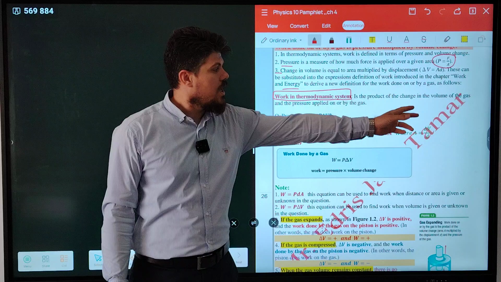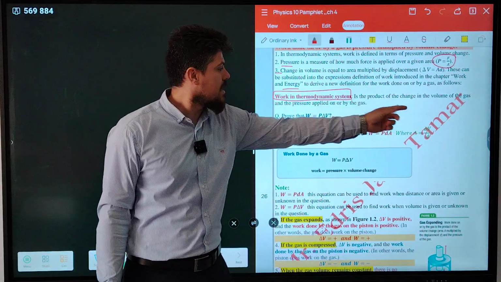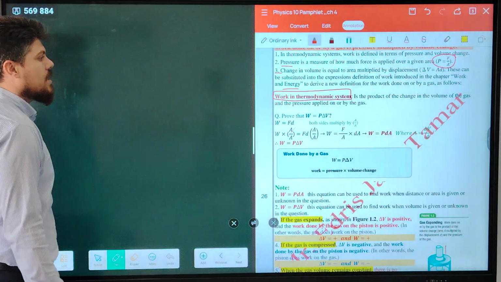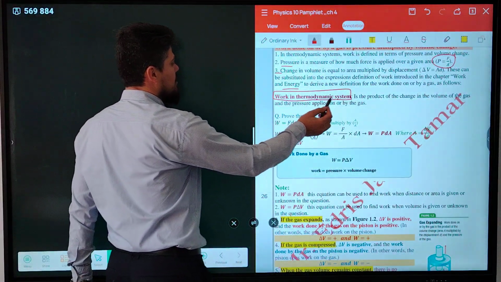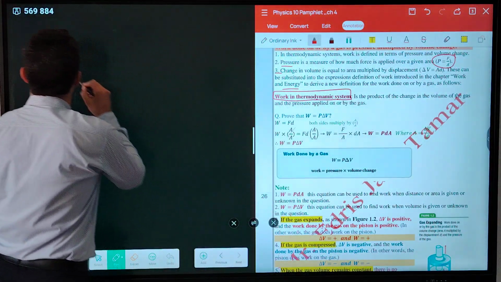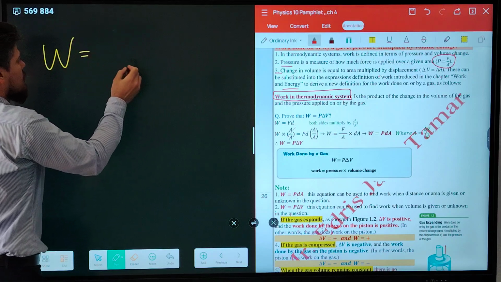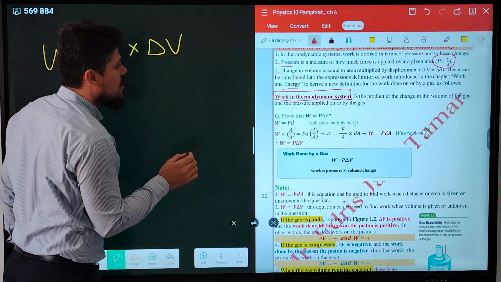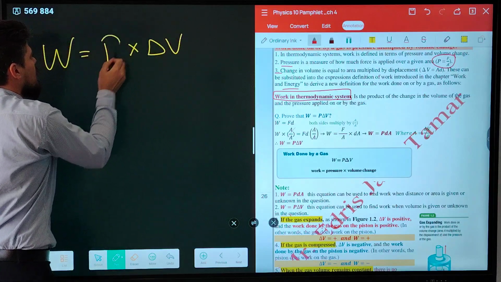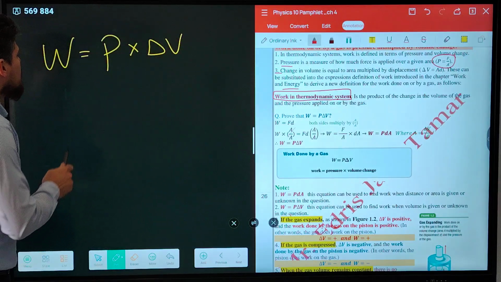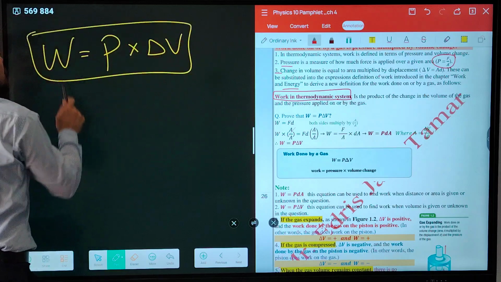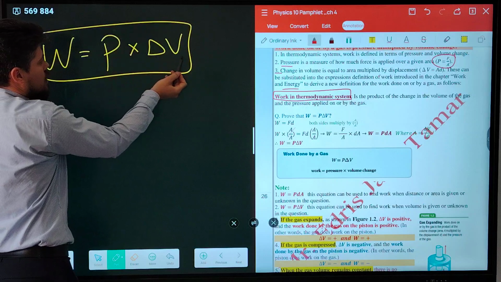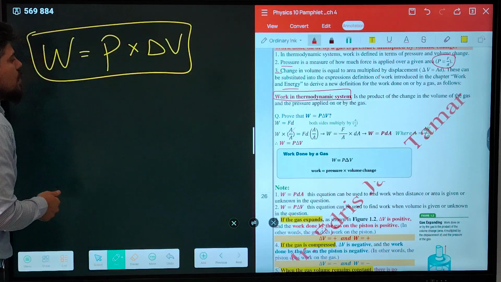It is the product of change in volume of the gas and the pressure applied on or by the gas: P times delta V. This is the definition of work in thermodynamic system.